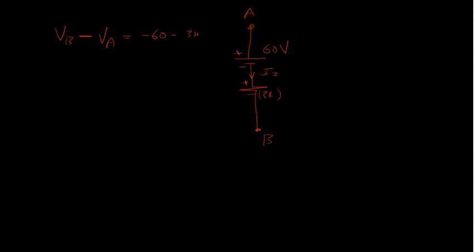It is 3 kilo multiplied by I2, which we found before. So it's minus 60 minus 3 times 10 to the power 3 multiplied by the second current, which was 3.07 milliamps. And just to do simple math here, it will be 69.23 volts, and it's going to be negative.